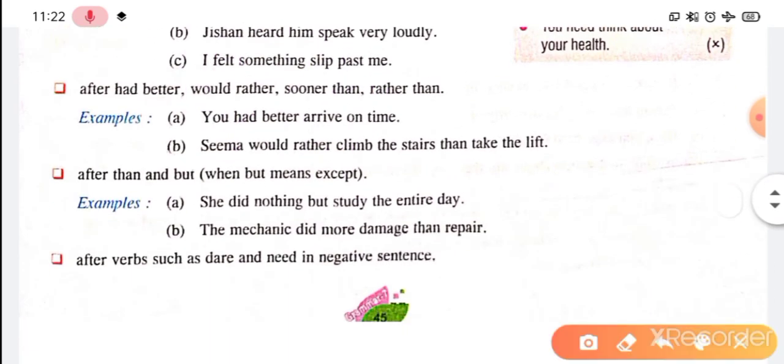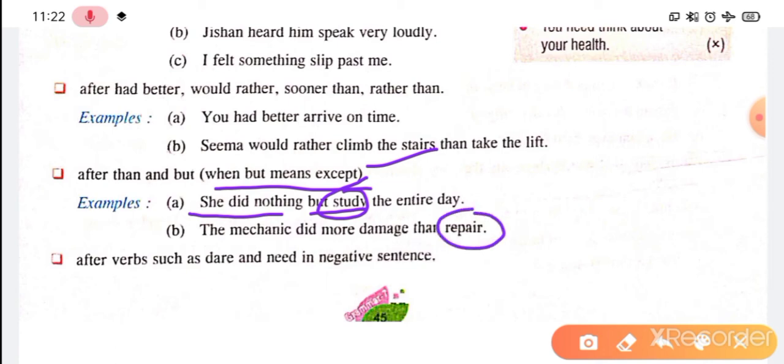Okay. Next is after than and but. When but means except. Except means apart, right? Like, she did nothing but study the entire day. She did nothing but study. So after but you can see study is bare infinitive, right? The mechanic did more damage than repair.